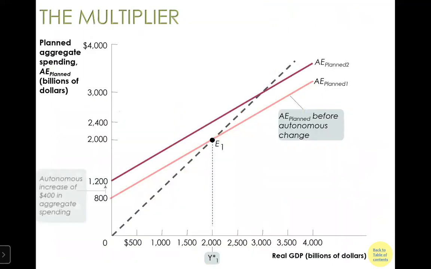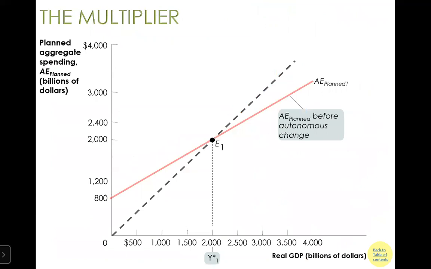So this is represented by this graph, right? Before we have the adjustment, this line tells us how aggregate expenditure is going to adjust with income. This line has an intercept of 800, that's autonomous spending. And you can easily find out that this line has a slope of 0.6, right? How do we find the slope of this line?